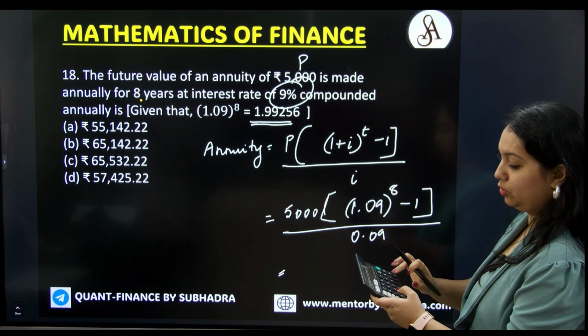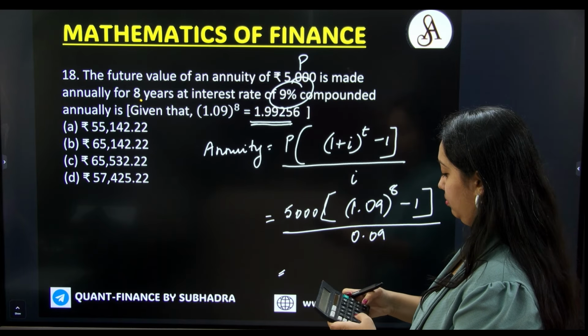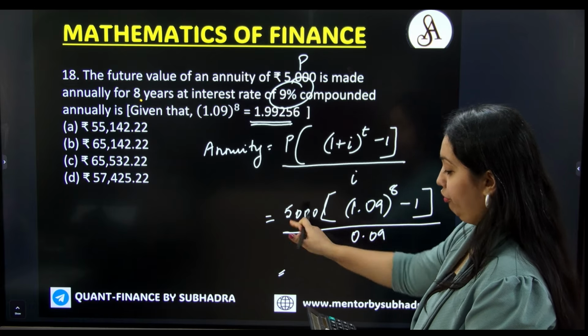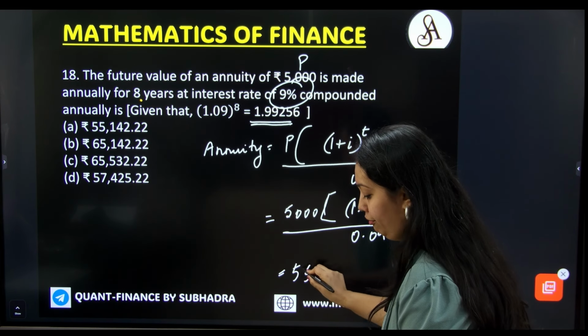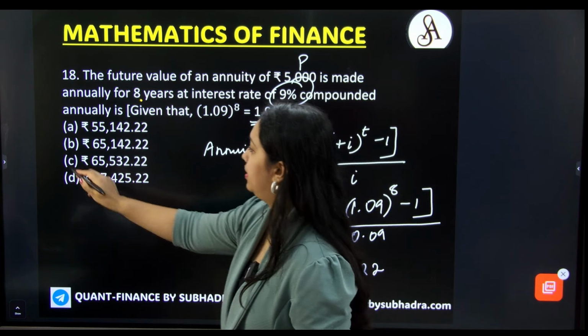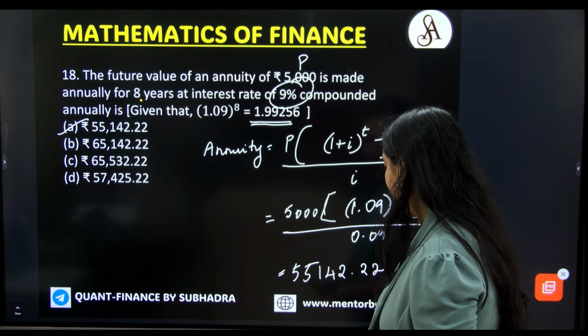I'm directly taking the value given, minus 1, divided by I 0.09 into 5000. Do this on the calculator. You are going to get your value as 55,142.22, which is nothing but my option A. Simple question, direct application of annuity formula.